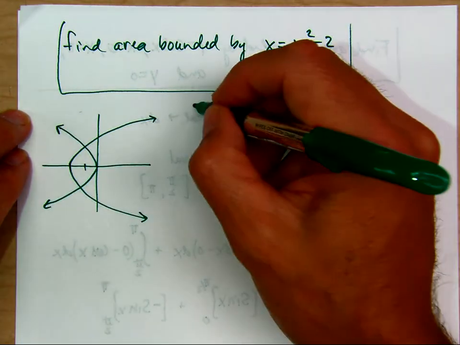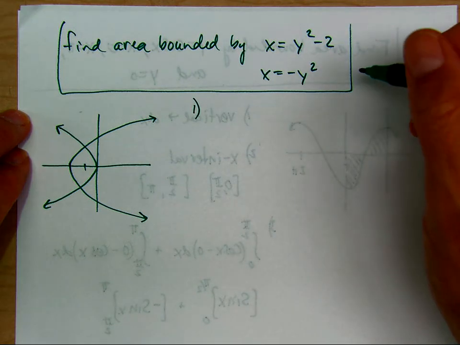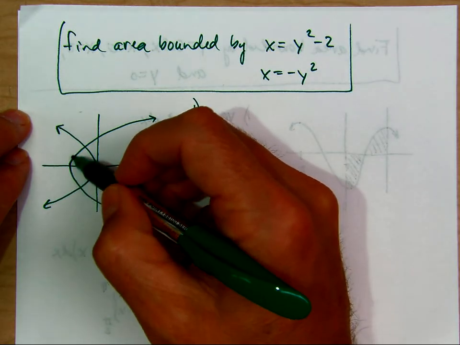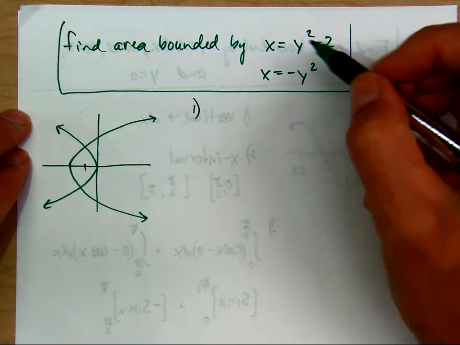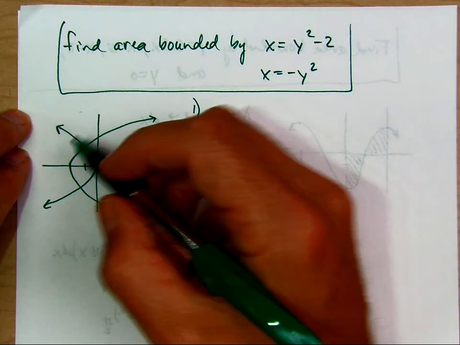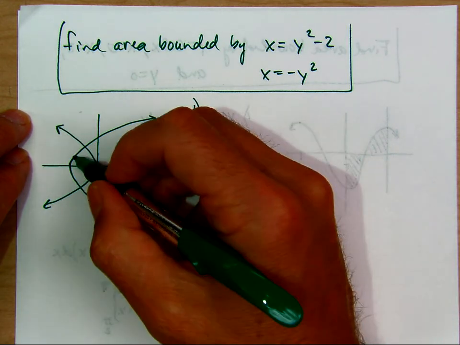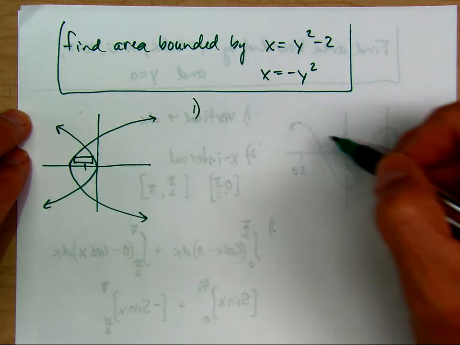And we want to check, should we use vertical or horizontal rectangles? If we use the vertical rectangle here, then we have to isolate y and get a positive or negative radical to identify the positive side and the negative side. So it's easier in this problem to use a horizontal rectangle.